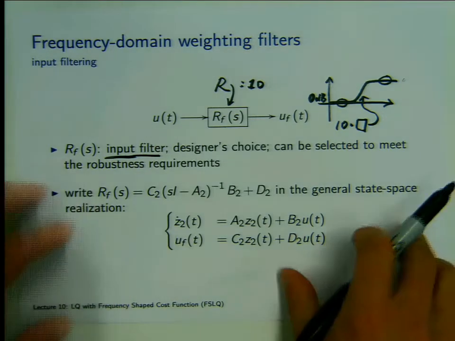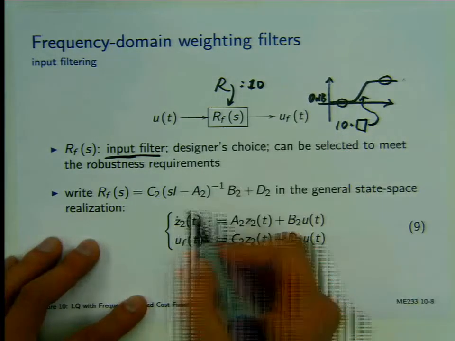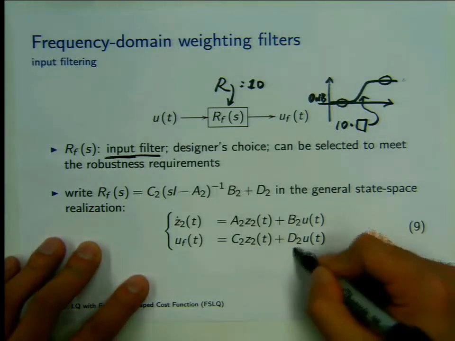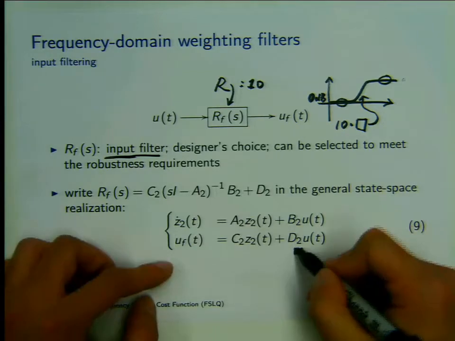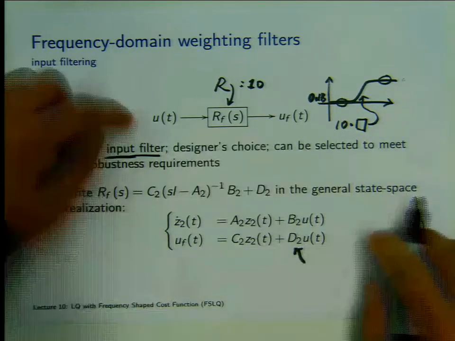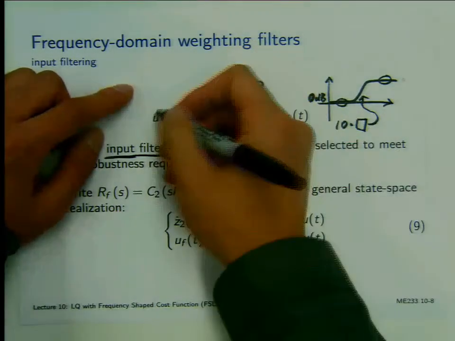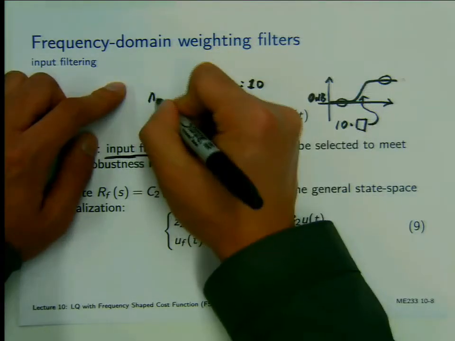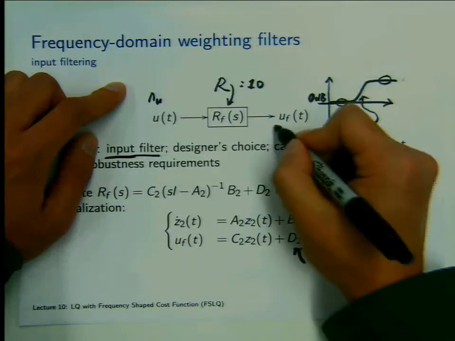All right. Now, you can do the same thing about the dimensions of A2, B2, C2, D2. This time, I won't do it all over again. I'll just ask you, if U is, let's see, I didn't say what's the dimension of U. So let me just say, U is NU dimension, and UF is NUF.